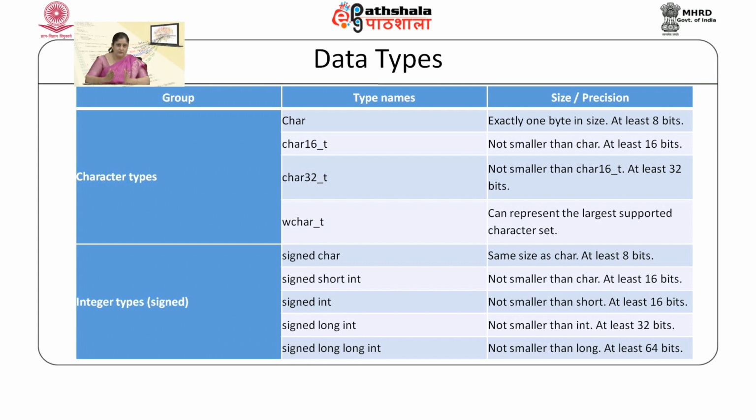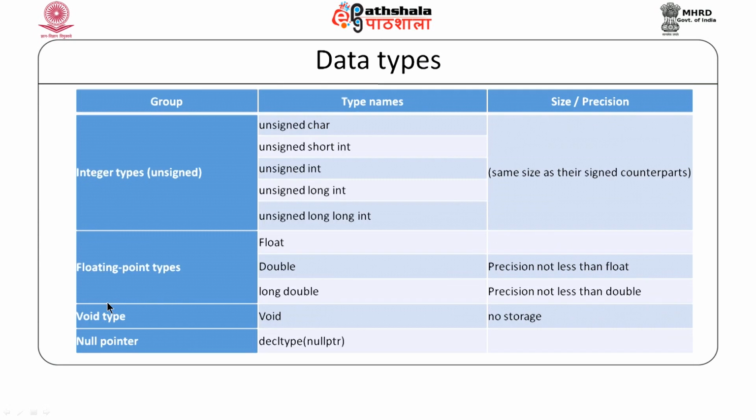So, the size of a data type is machine dependent or platform dependent as well, but by and large this is the minimum size and precision that these data types will have. So, we have a set of character types, a set of integer types, a set of data types which can help us store real values, the void type and the null pointer.